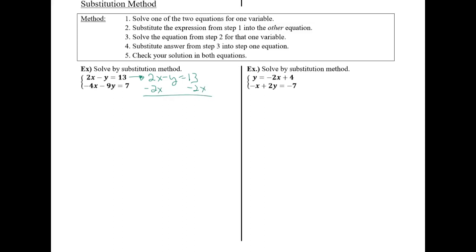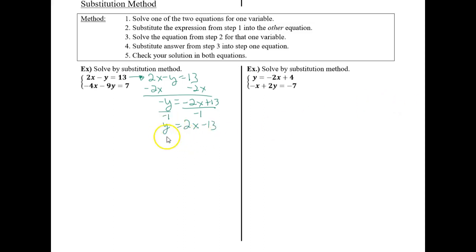I still have this negative here, don't lose it. Negative y equals -2x plus 13, or you could write 13 minus 2x, means the same thing. And lastly, I need to get rid of that negative, divide everything by -1. So -2 divided by -1 is a positive 2x. Positive 13 divided by -1 would be -13.